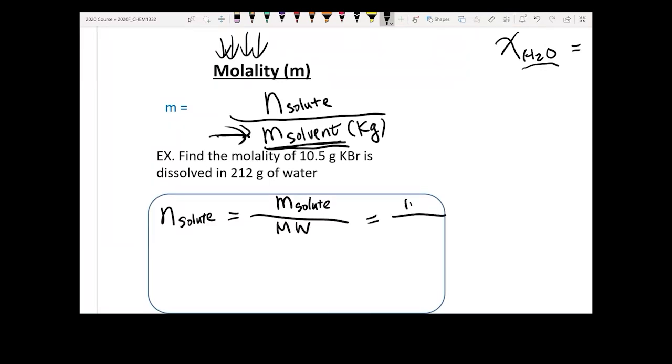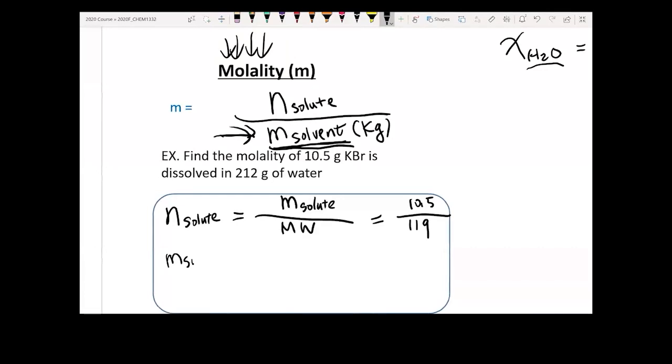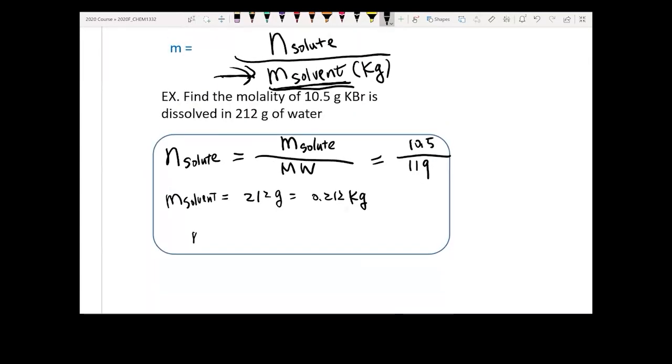So you put 10.5 divided by the molecular weight, 109. Then you know the mass of your solvent. It's very important, it's solvent, not your solution. It is 212 grams, which equals 0.212 kilograms.